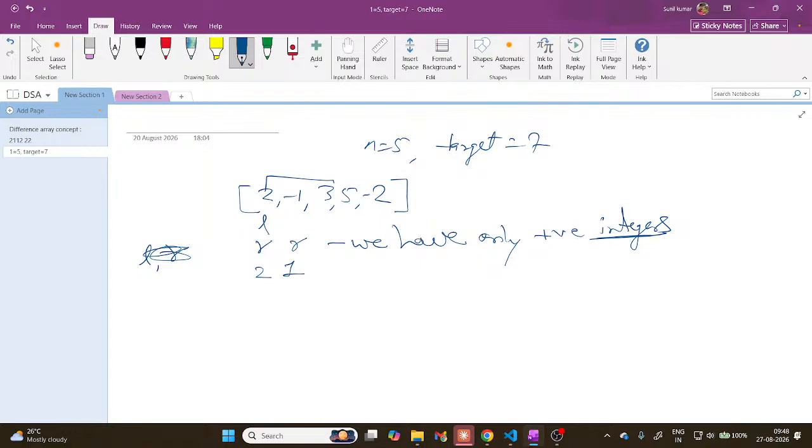One thing should pop up in our mind: the prefix sum.